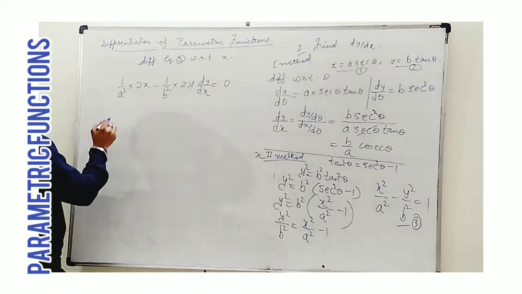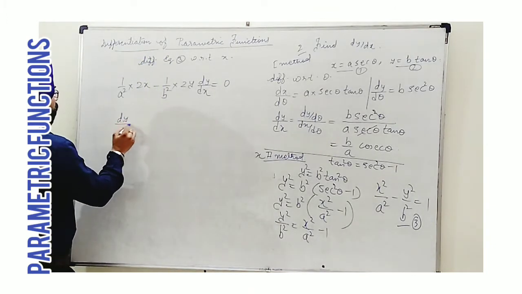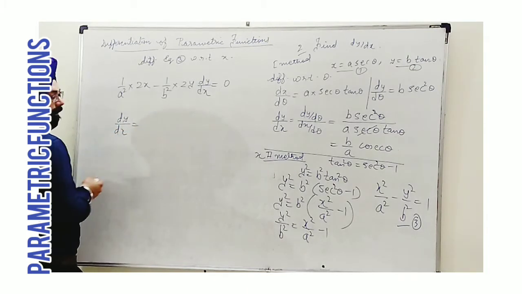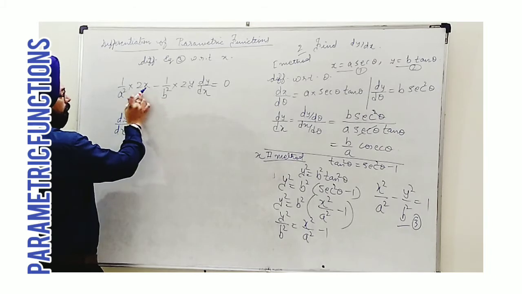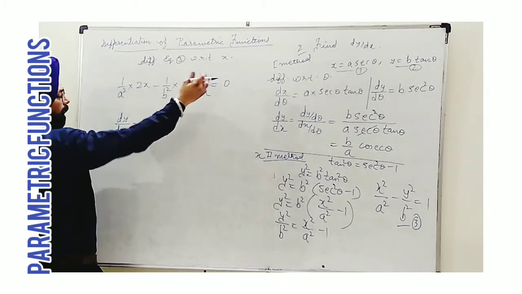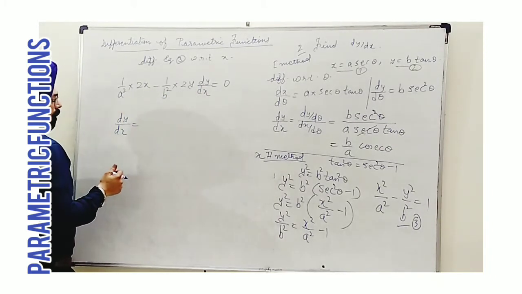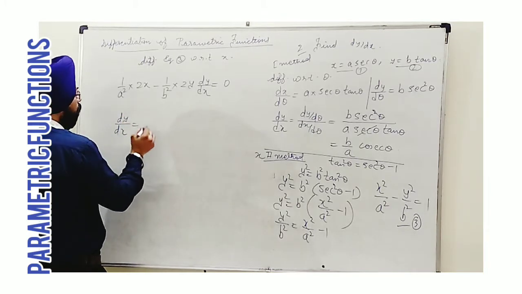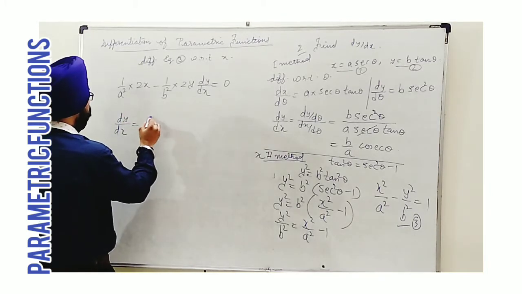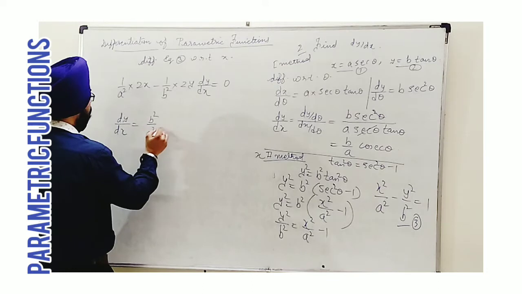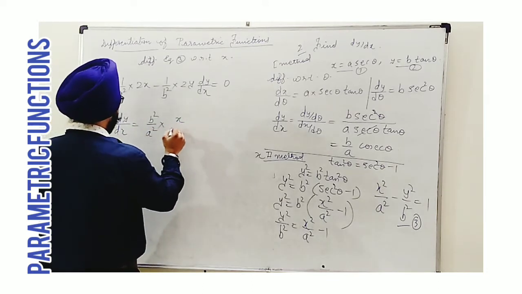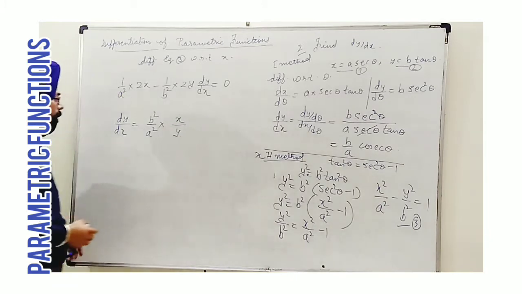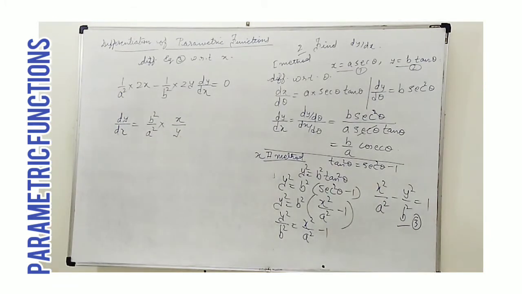Now simplifying, we get dy by dx equal to, this term will be shifted first, 2 can be taken common and shifted to the right hand side, which will turn 0. So we will get here b square upon a square into x upon y. This is the value of dy by dx we have obtained.